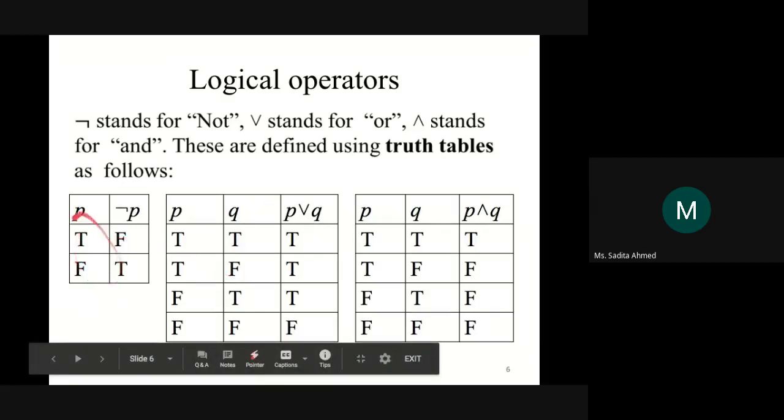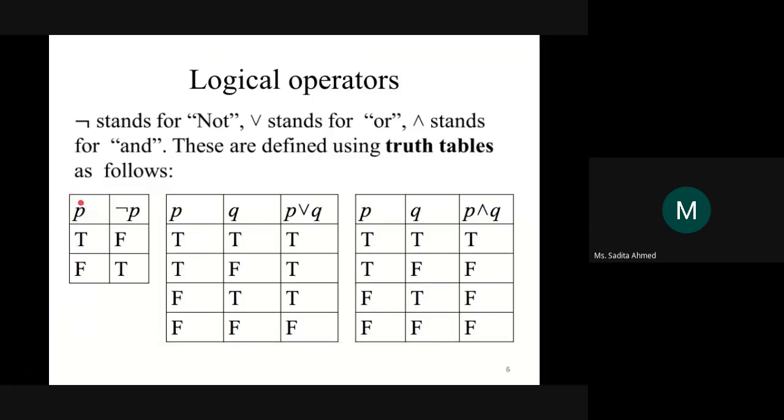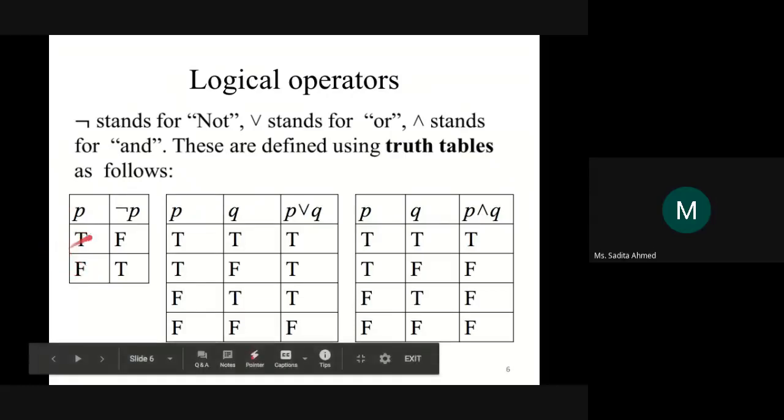In the first truth table, for example, how many propositional variables did we have in the input? Just one. So 2 to the power of 1, which is 2. So there you go. 2 rows, 2 possible inputs, 2 possible combinations.